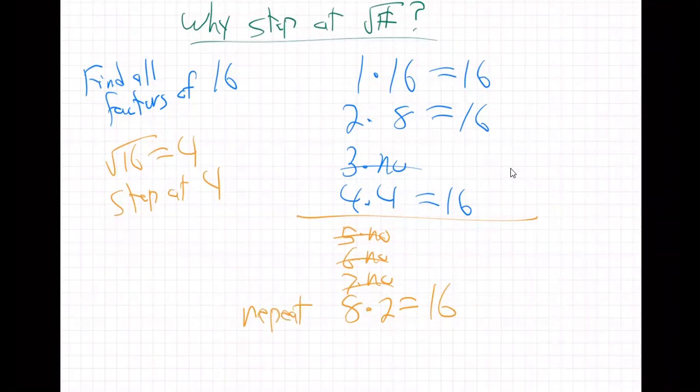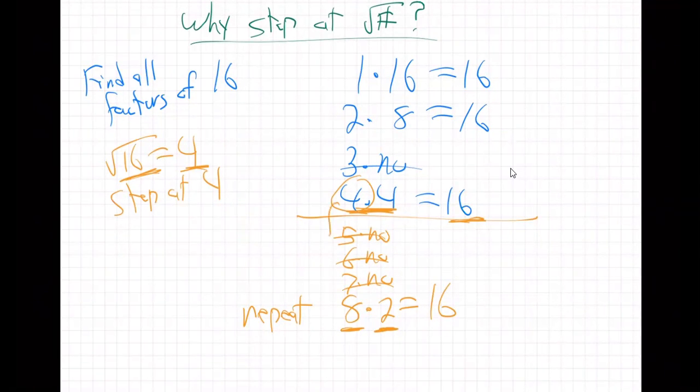And you know why it's a repeat? Because it's multiplying by smaller numbers. Once you go beyond 4, 4 times 4 is exactly 16, because that's the square root of 16. That's what square roots ask: what number times itself? So 4 times 4 is 16.